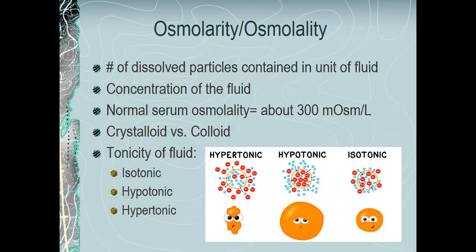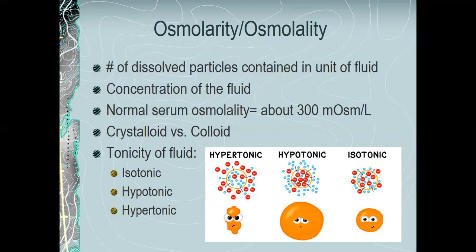So crystalloid solutions contain fluid and electrolytes. So they are able to move freely across those capillary walls. They don't contain proteins or any of those large particles. And they can cause plasma expansion, increasing that blood volume, but it's going to have a lot shorter duration than those colloids do, because those colloids are going to stay inside the vasculature.